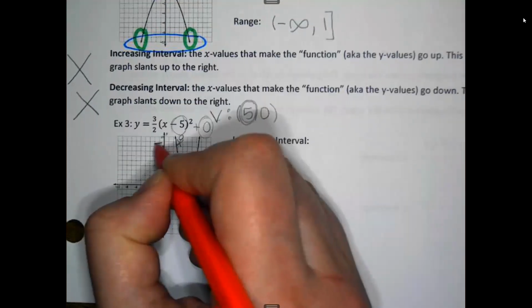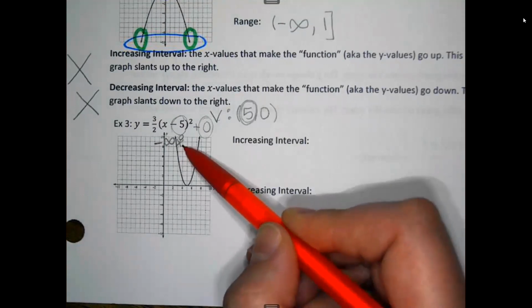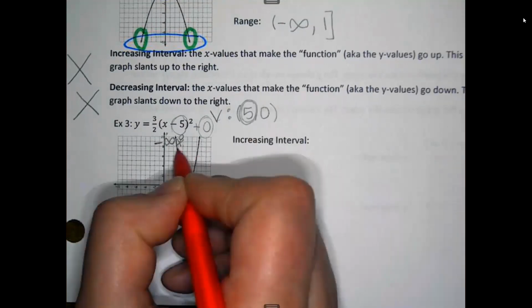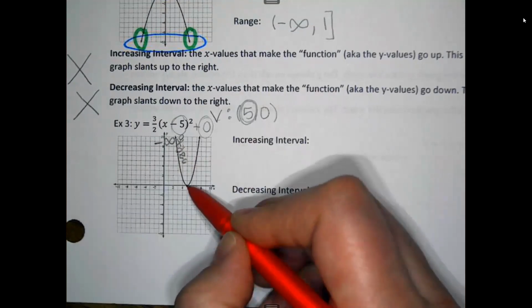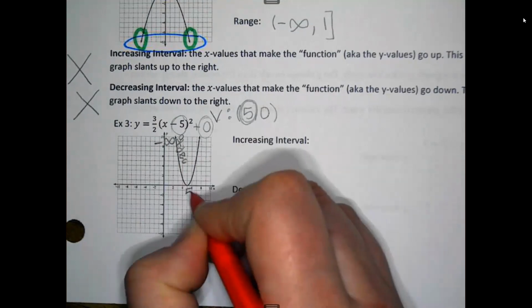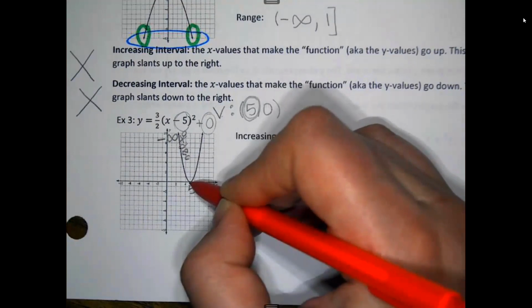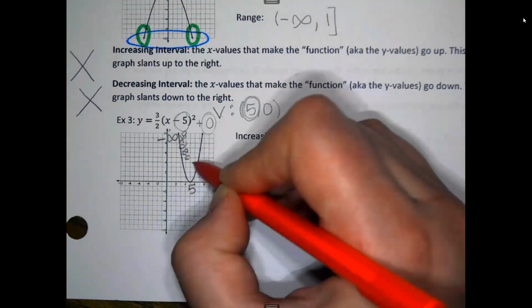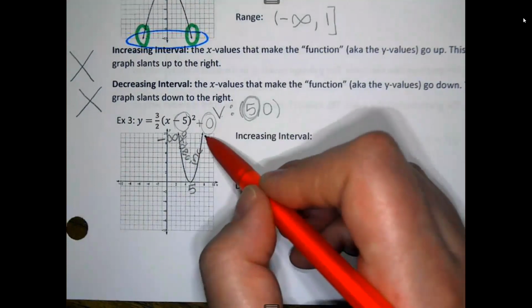And is my stick figure walking uphill or downhill? He's walking downhill until he gets to the vertex, which is at the number 5. And then at the vertex, he switches directions, and now he is walking uphill, so he is increasing. And he increases all the way to a right arrow.